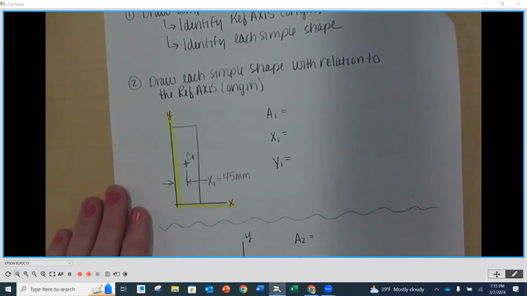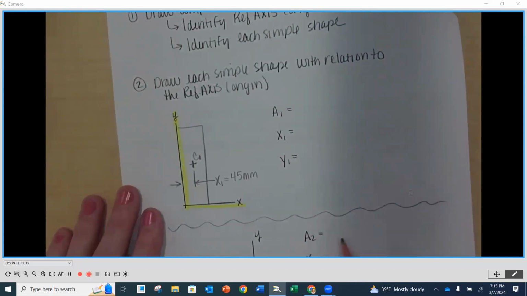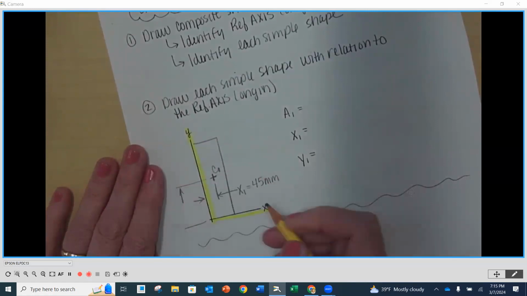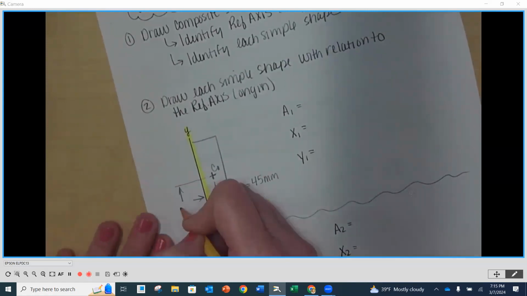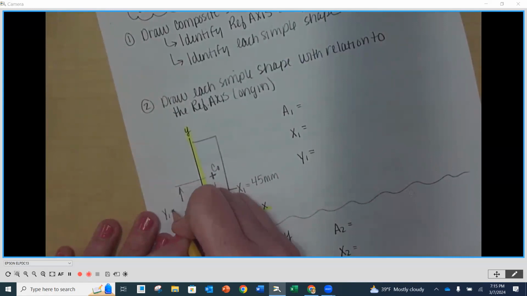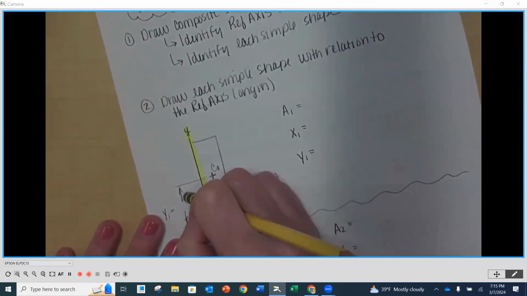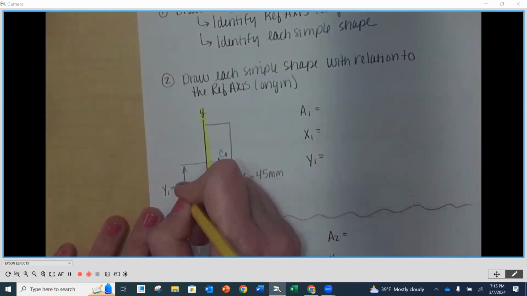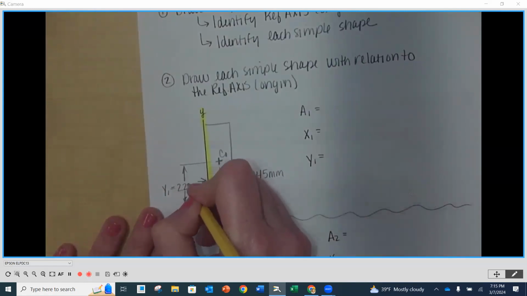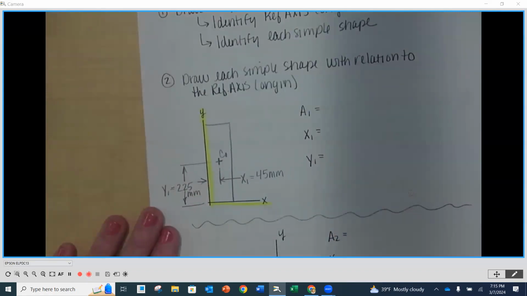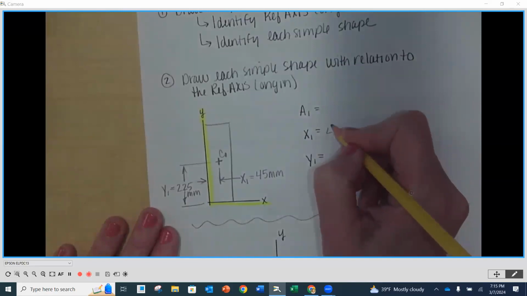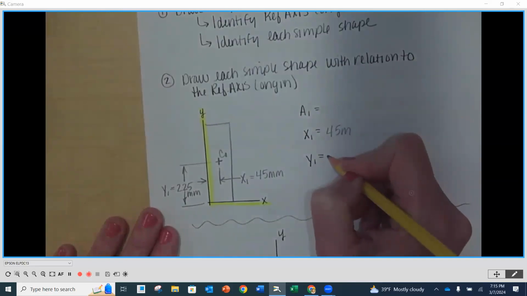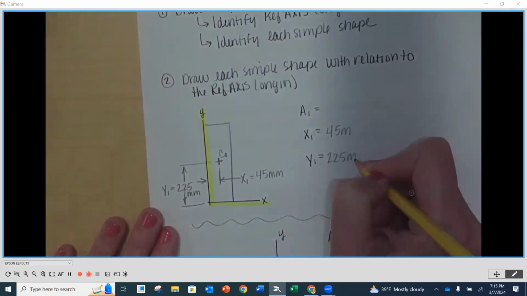And from my x-axis up is going to be my y1, not y bar for this part, but y1 for our problem. It's going to be half of 450, which is 225 millimeters. So our X1 is 45 millimeters and our Y1 is 225 millimeters.